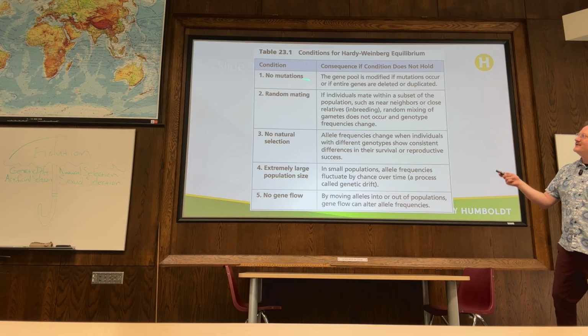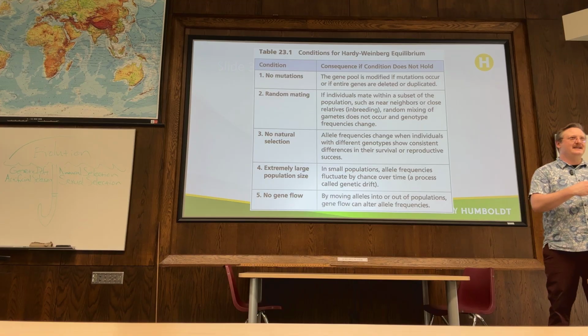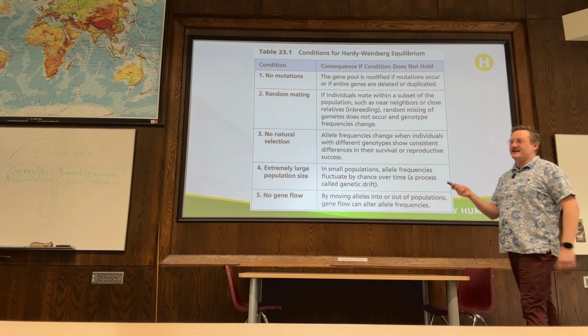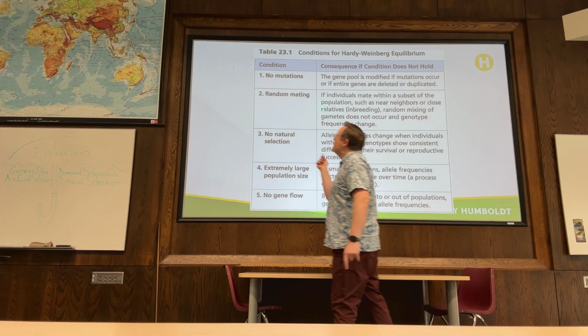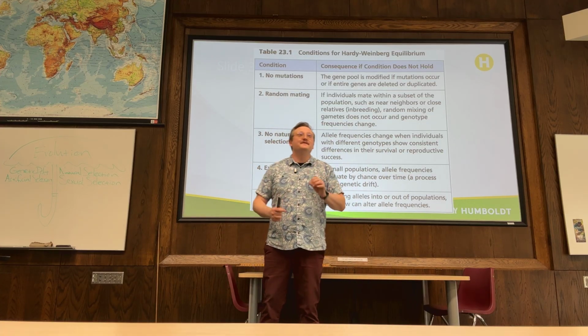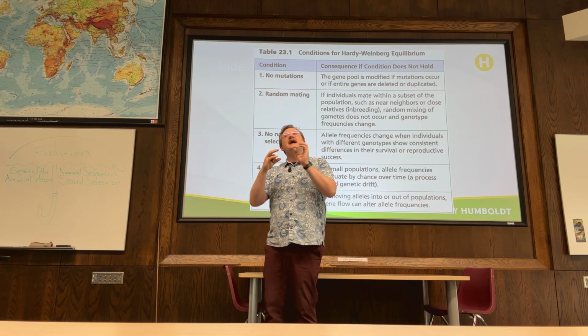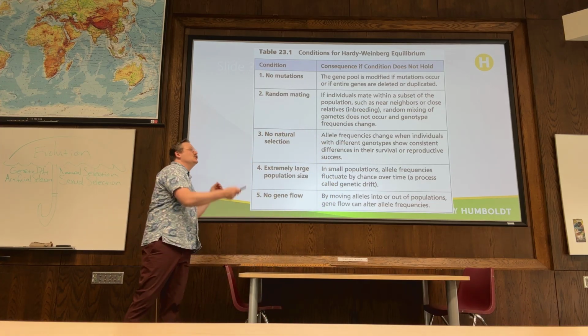First condition, no mutations. If there are no mutations, allele frequencies don't shift. So if there are mutations, allele frequencies could shift, and there could be evolution. If mating isn't random, then allele frequencies could shift. If certain genes make it more likely that you're going to produce offspring, then the population could evolve.